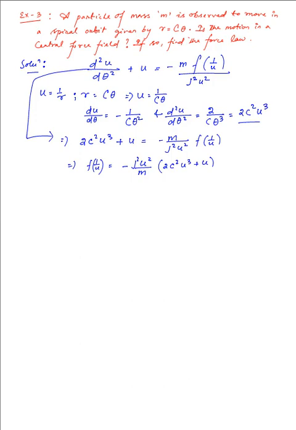Well, this is more or less the expression that we are seeking, because yes, it is a central force, because it is in the negative form when we write that in terms of r. So j squared over m remains outside, u squared is 1 over r squared, and u cubed is 1 over r cubed. So this is 2c squared over r to the power 5, and the second term that we have is simply u cubed, which is 1 over r cubed.